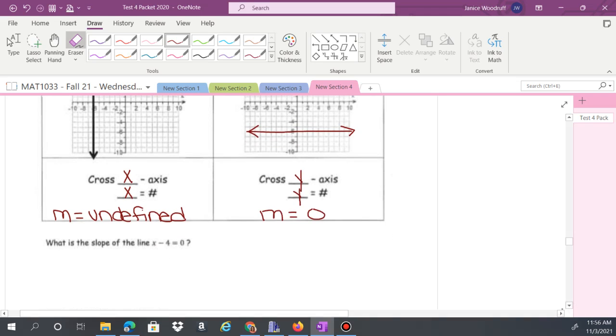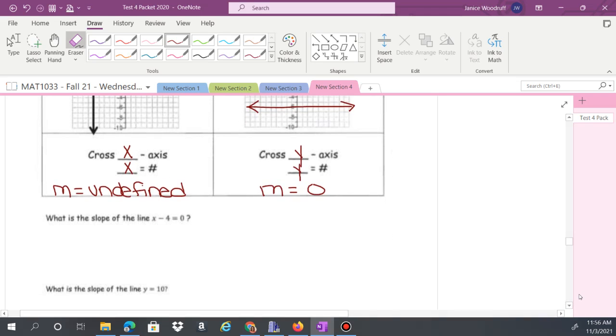So for these two examples, what is the slope of the line x minus 4 equals 0? Here I'm going to add 4, and I get x equals 4. So it's an x equals line.